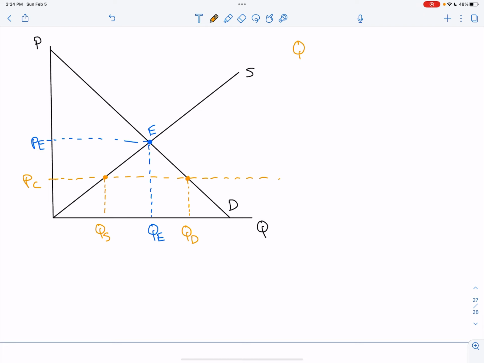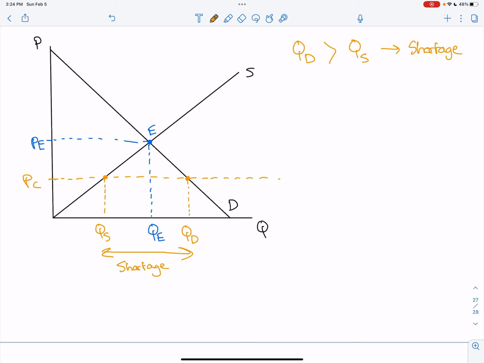And what we notice is that quantity demanded, in this case, is greater than quantity supplied. And this is what's referred to as a shortage. Okay, so this here is our shortage.